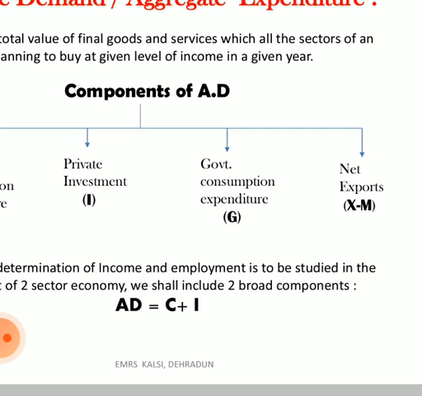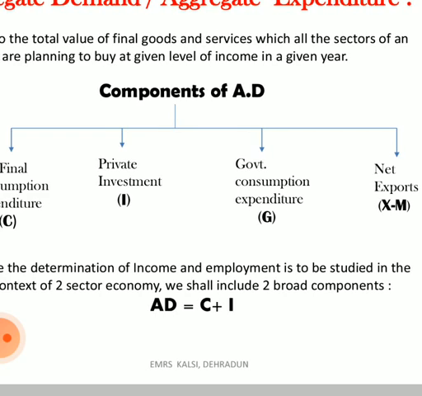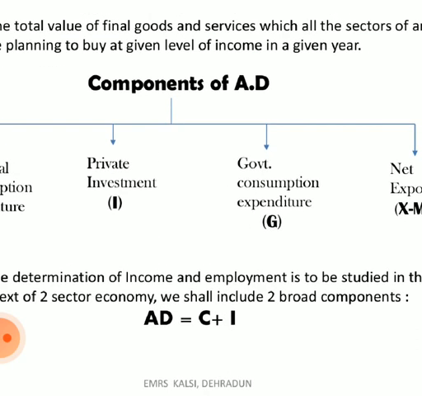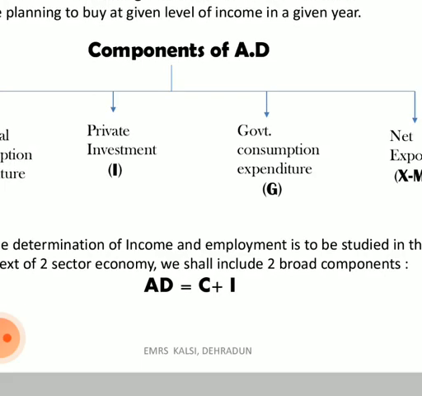But when we are studying the two sector economy, we have to see only two components, which are C and I: C means consumption done by citizens, and I means investment done by the businessman.